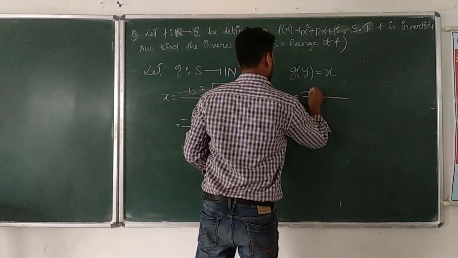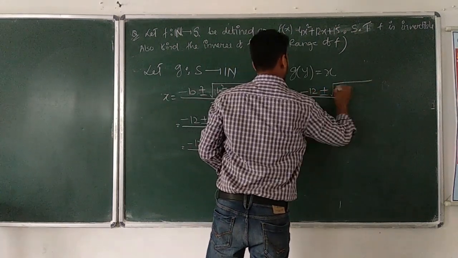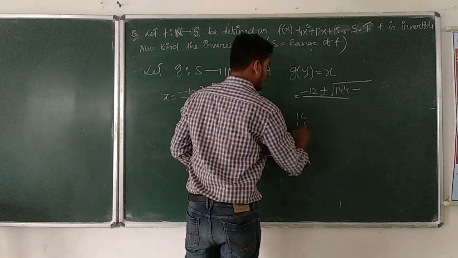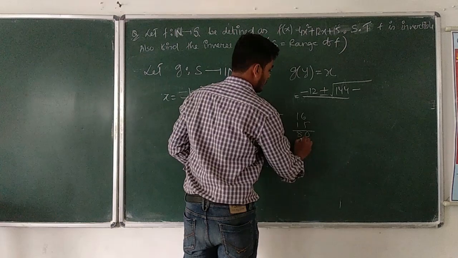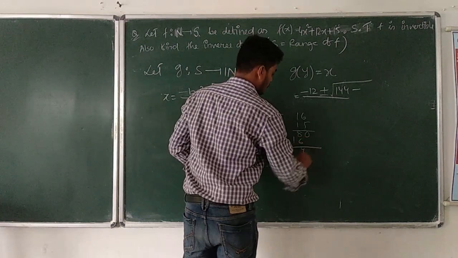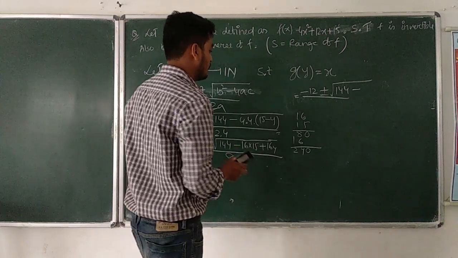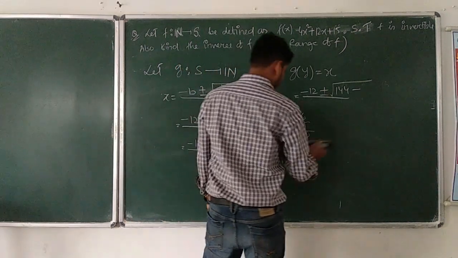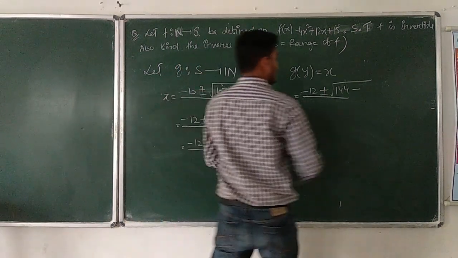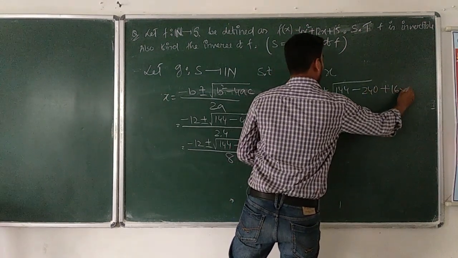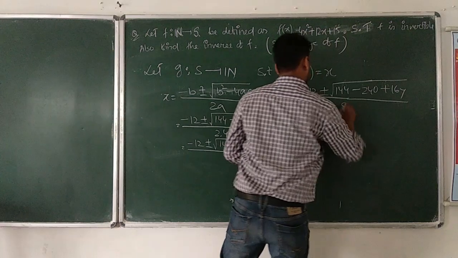The value of x is equal to minus 12 plus minus square root of 144 minus 16 into 15, which is 240, so 240 plus 16y, correct? Then divided by 8.